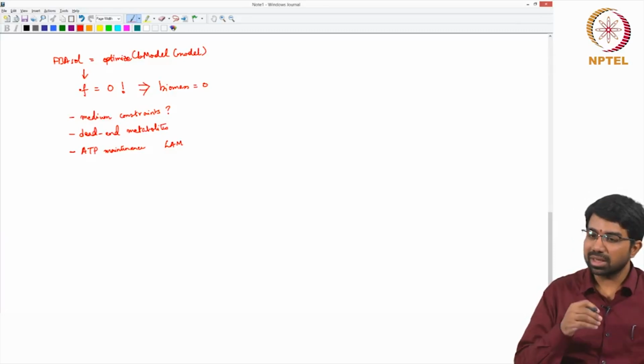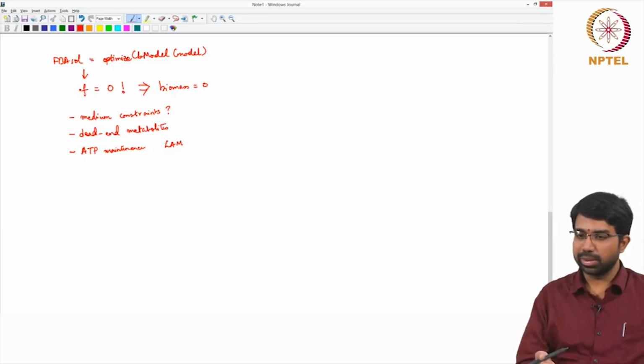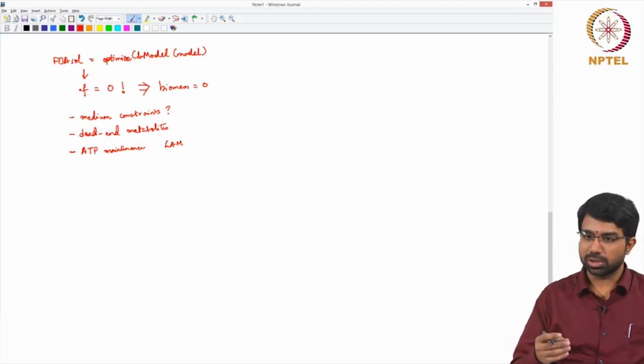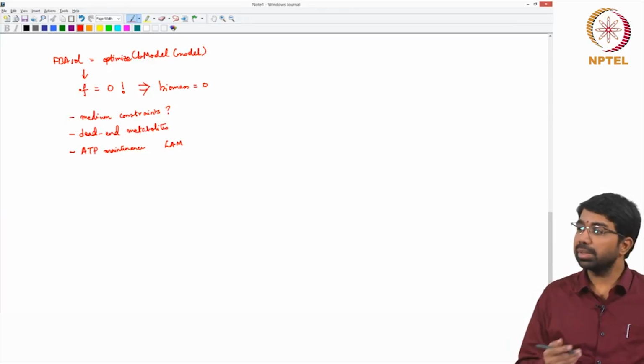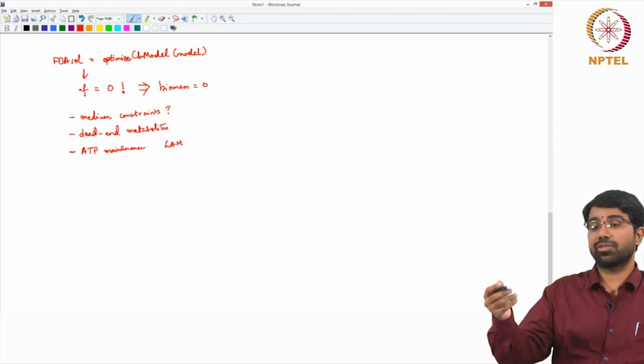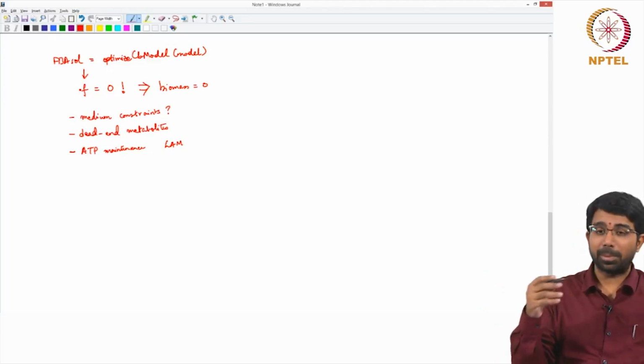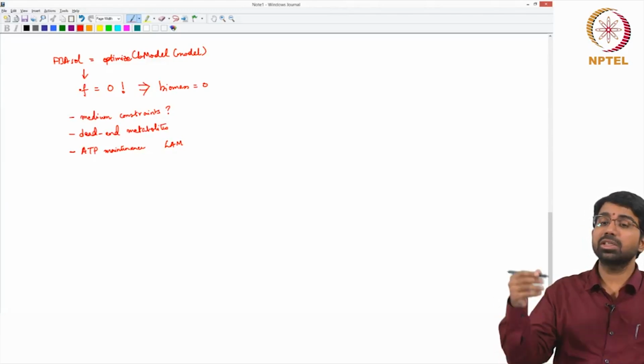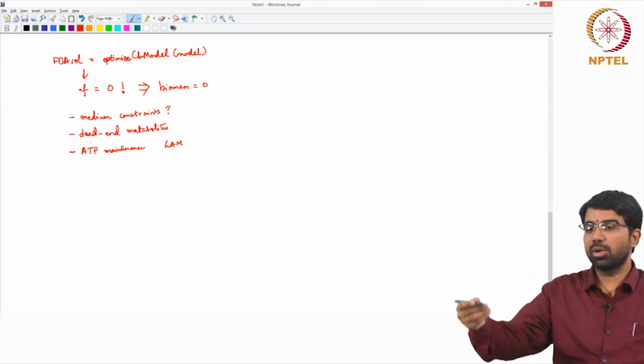If the cell is really decelerated like we were doing earlier, reducing the amount of glucose to a very low value and so on, maybe the cell is not producing sufficient ATP to sustain life. It is able to sustain metabolism theoretically, but it cannot support other important functions.